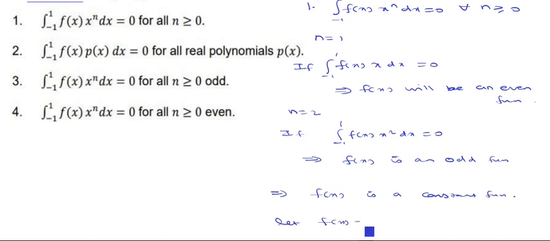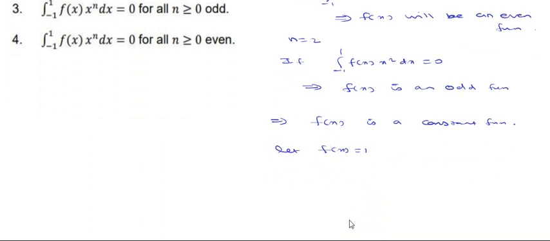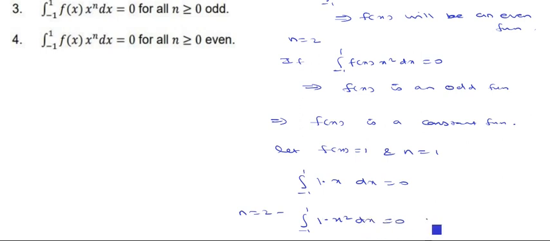Let f(x) equal 1. Then for n equal to 1, integral from -1 to 1 of 1 times x dx equals 0, but for n equal to 2, integral of 1 times x squared dx equals 0 is not true.